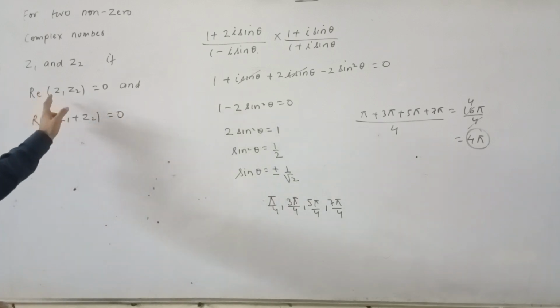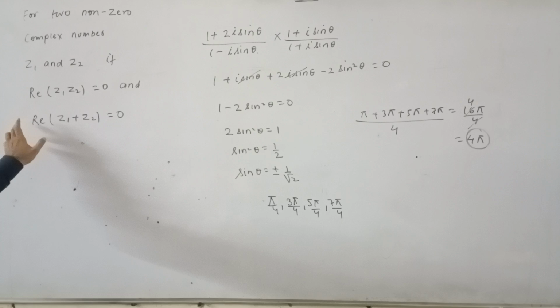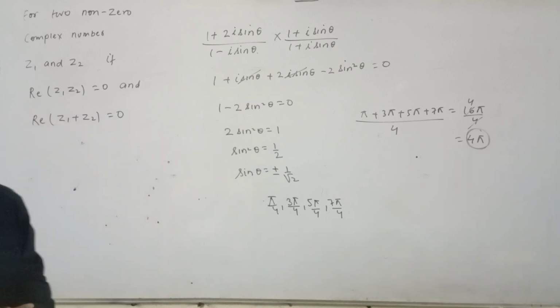Okay, so the real part of Z1 into Z2 is also 0 and the real part of Z1 plus Z2 is also 0.